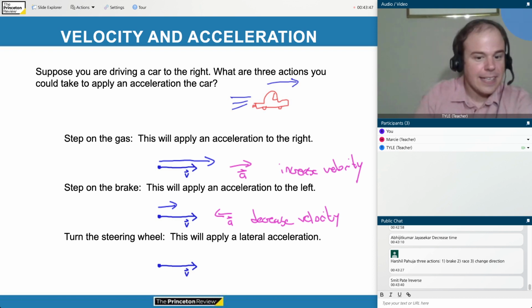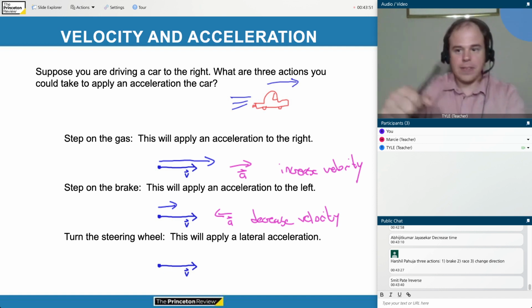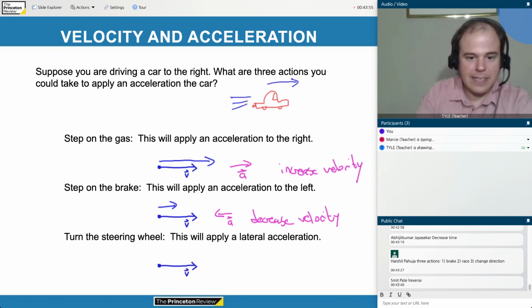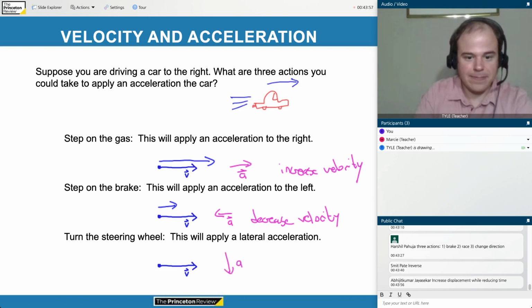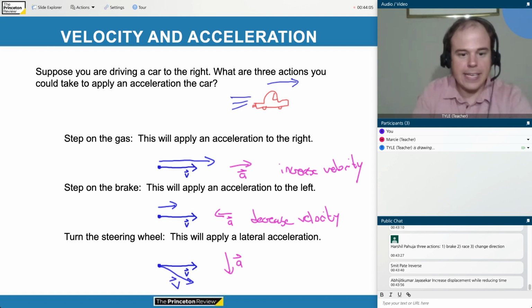Okay, so let's turn the steering wheel. So let's say that we turn the steering wheel to the right. All right, that means that we'll have an acceleration this way. All right, so what happens here is that the velocity will change directions, but keep the same magnitude.